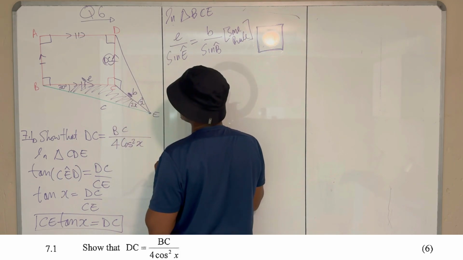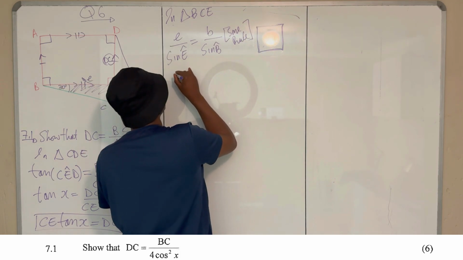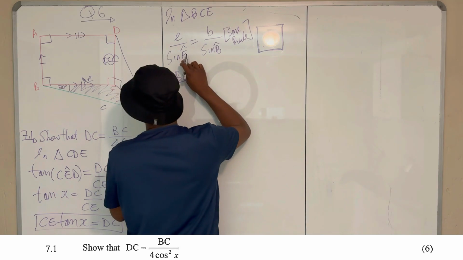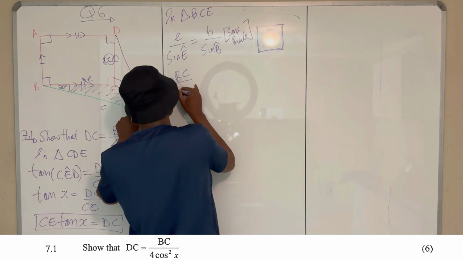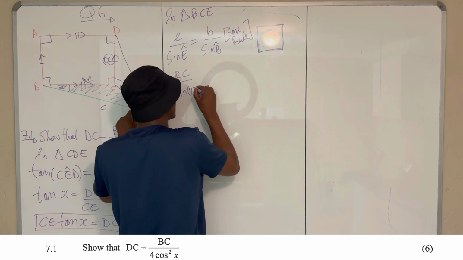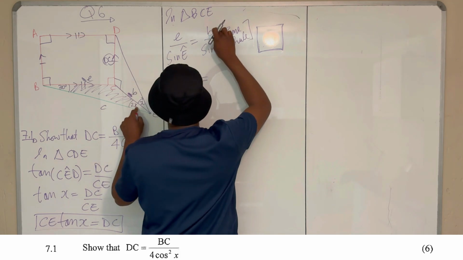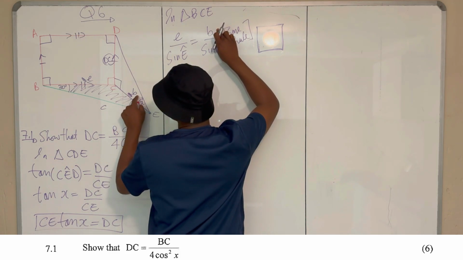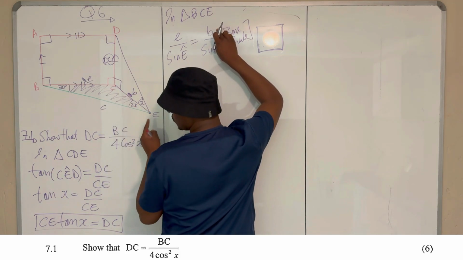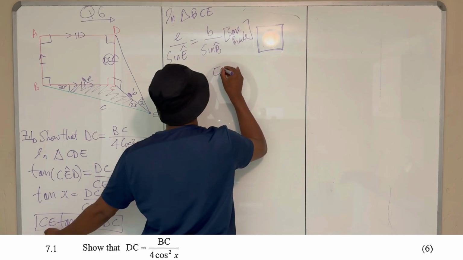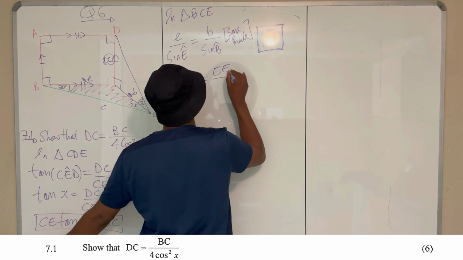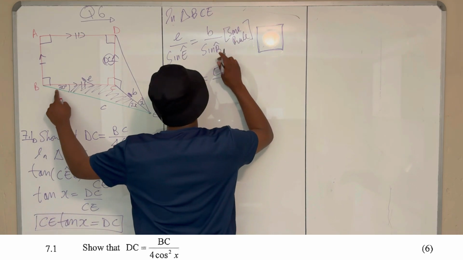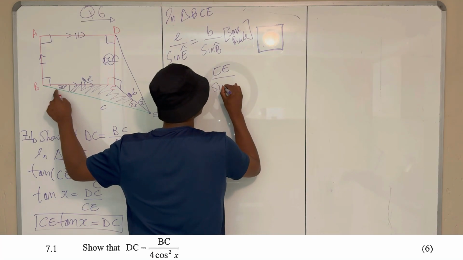So what is your e? Your e is your BC over your sine E. Your sine E is sine 2x over here, equals b. What is your b? Small b is CE, which is what you have there, all over sine B. What is your sine B? Your sine B is equal to sine of 30 degrees.